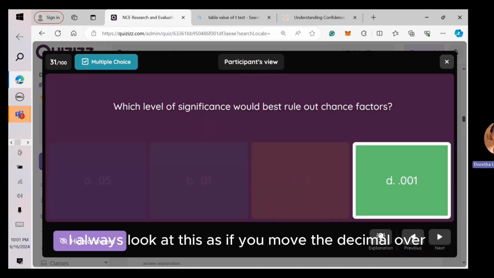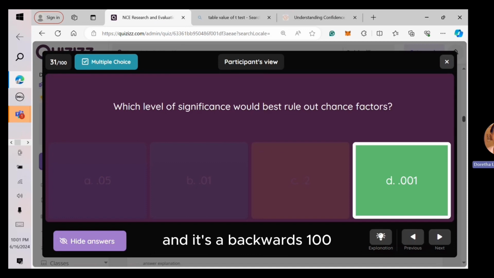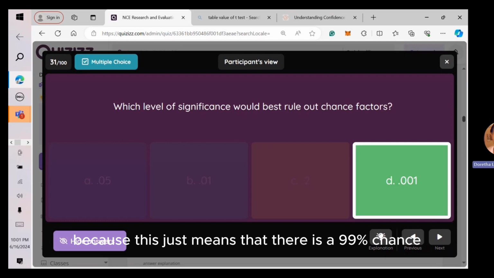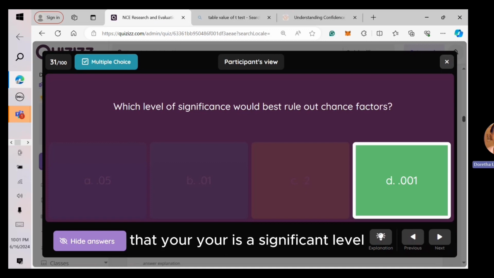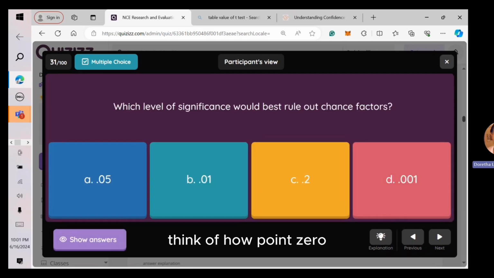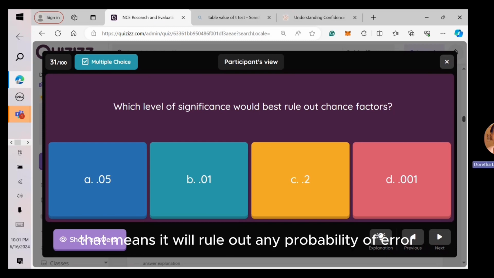I always look at this as if you move the decimal over, it's a backwards 100, so this just means that there is a 99% chance, even a smaller number, that there is a significant level. Even if you don't look at it like that, think of how 0.001 is the smallest number here. If it's the smallest number, that means it will rule out any probability of error, and that's what chance factors mean.